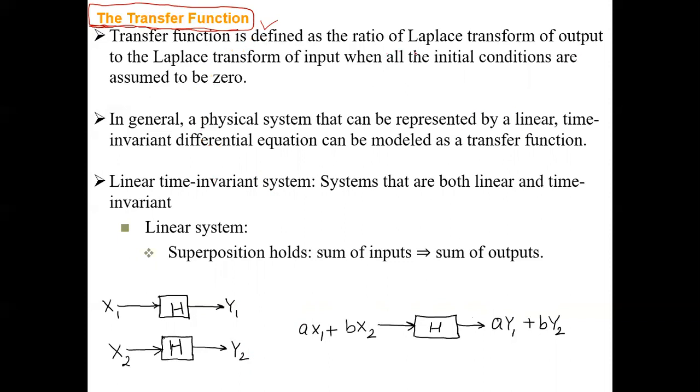What is the transfer function? It is the ratio of the Laplace transform of output to the Laplace transform of input. Suppose your output is O and input is I. Then what is the Laplace transform of output, and what is the Laplace transform of input?